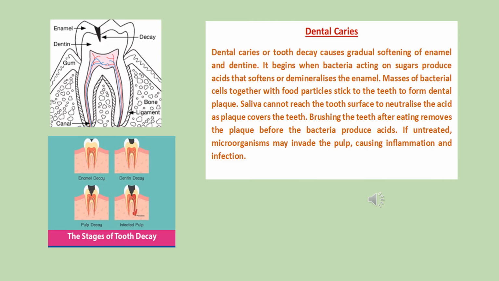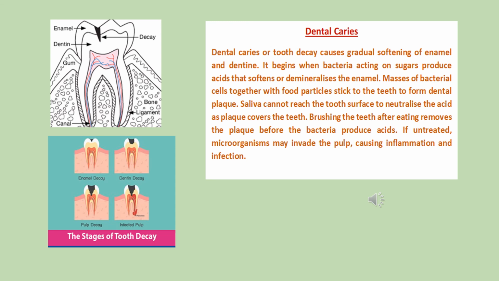Dental caries or tooth decay is a gradual softening of our enamel and dentine. It begins when bacteria acting on sugar produce acids to demineralize the enamel. Masses of bacterial cells along with organic food particles stick to the teeth to form dental plaques.